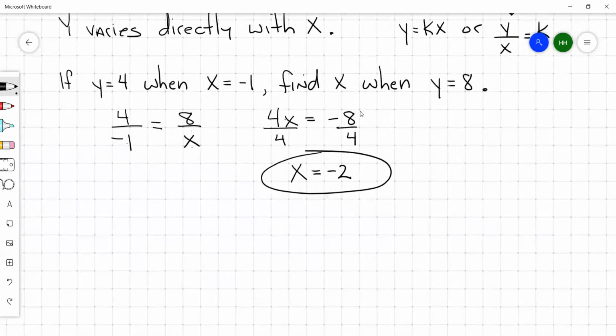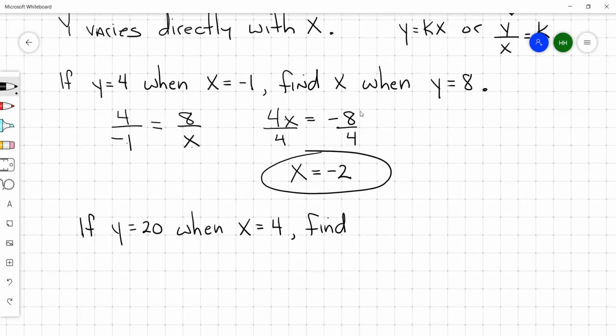Let's do another one of those. If y equals 20 when x equals 4, find x when y equals 2.